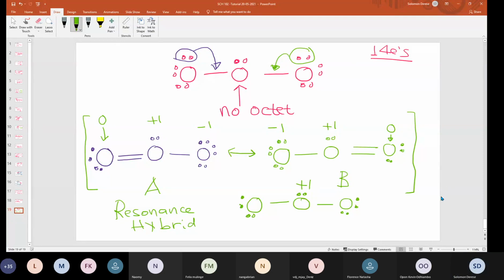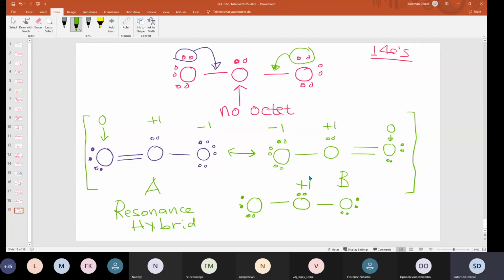Now, if you look at this oxygen-oxygen bond in A, this one is a double bond here, isn't it? But I cannot put a double bond here because in its other resonant form, the same oxygen bond is single.